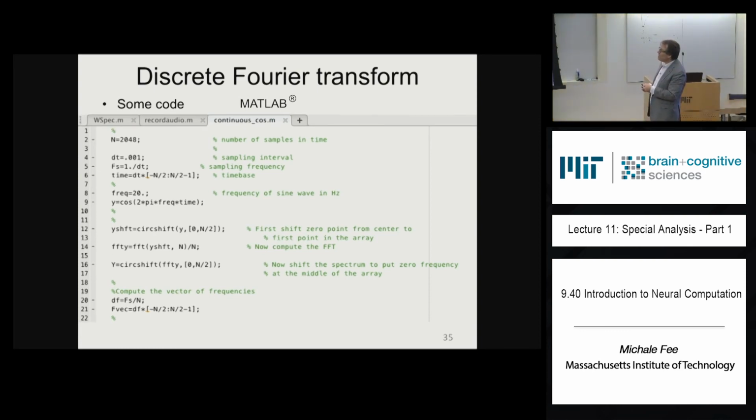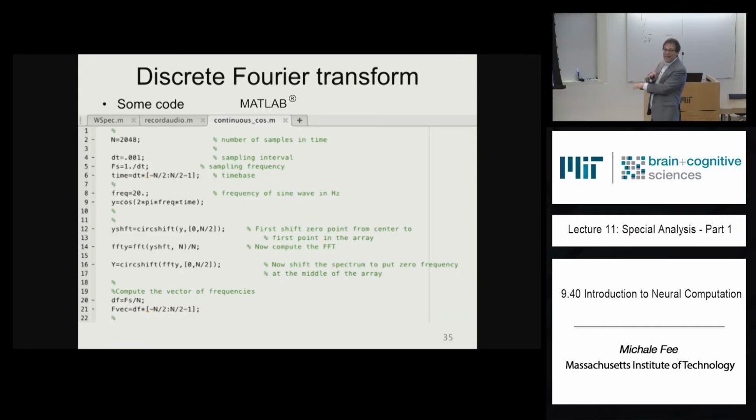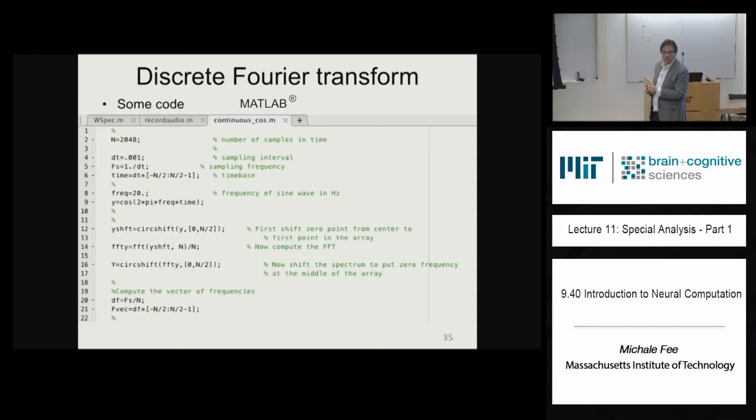We stick that into the FFT function. Okay? It gives you back the Fourier coefficients. You just swap it again. And that is the spectrum, the Fourier transform signal. Okay? And now you can write down a vector of frequencies of each one of those Fourier coefficients.